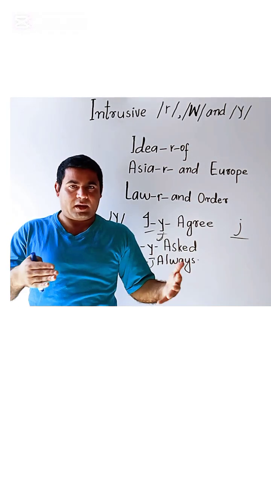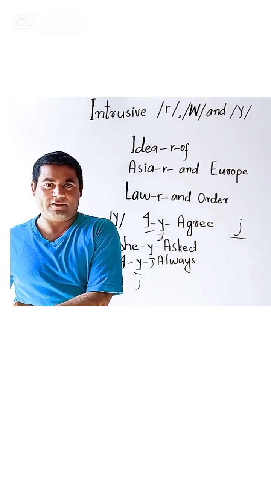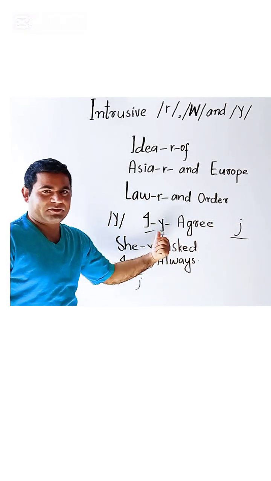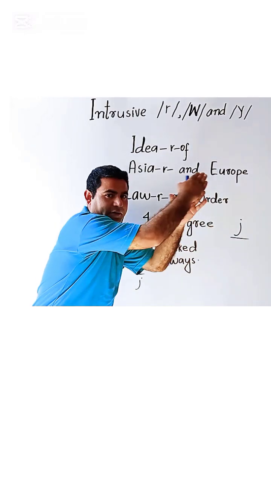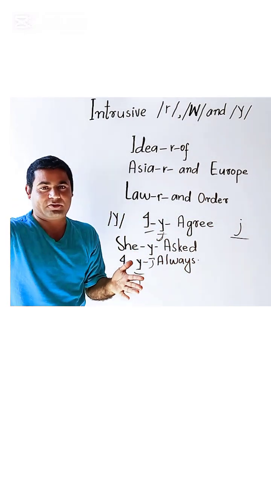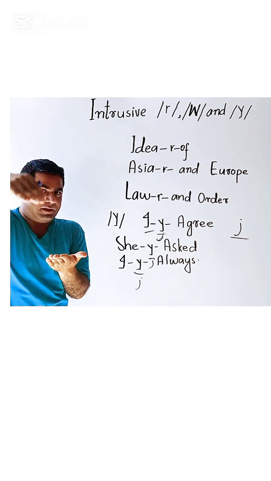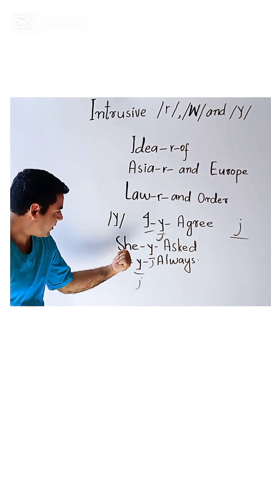If you say that, there will be a gap and you won't sound more like a native speaker. When you say "I yagree," the y is an intrusive sound which makes it smoother and fluent.